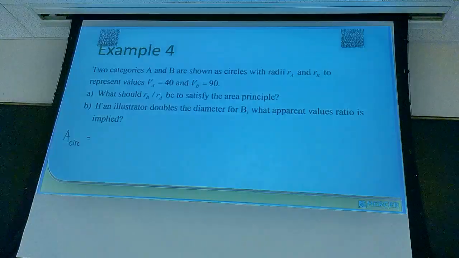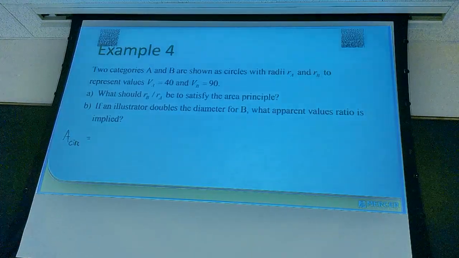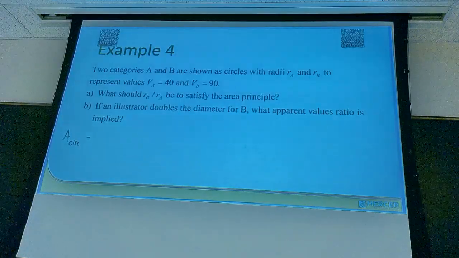Think back to geometry. There's definitely R squared in there, but it's what times R squared? Pi R squared.